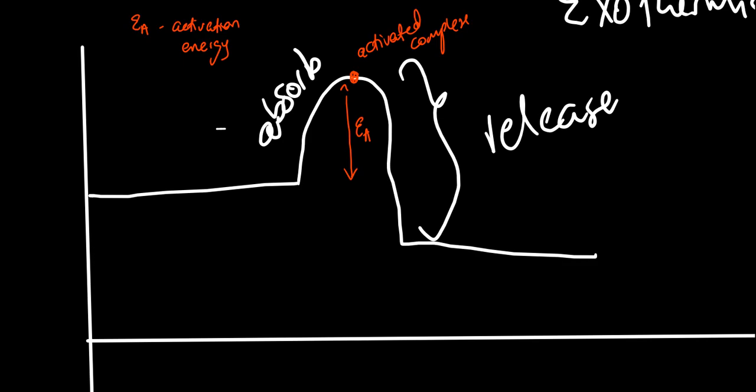How much of it do we absorb? Now, let's start with the reactants. So this part is going to be the reactants. So maybe you might have A reacting with B there, and then here you might have C, which is the product side.